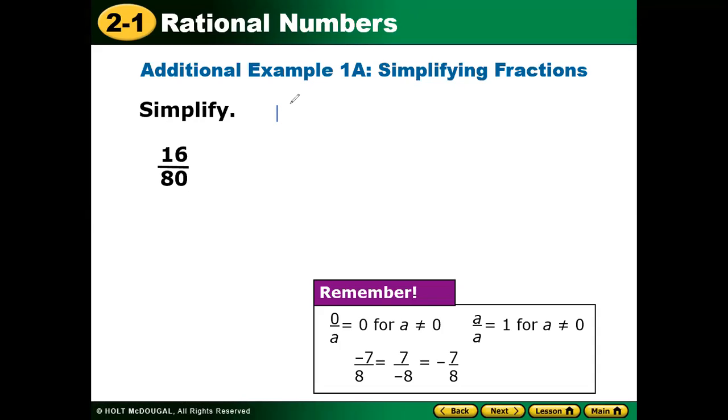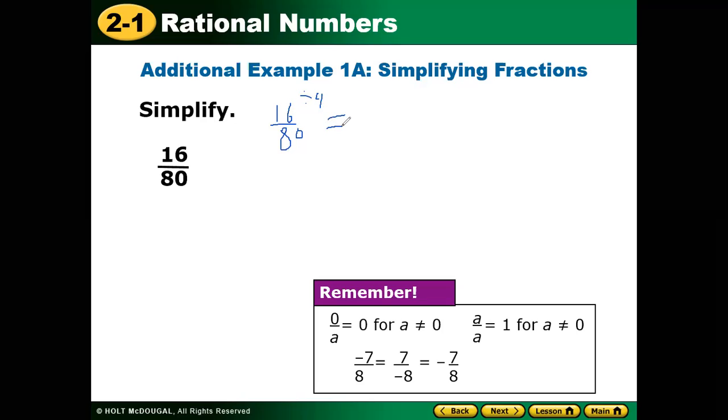The first one said 16 over 80, right? Who said divided by 4? Word. Okay, if we divide it by 4, the answer will be how many?